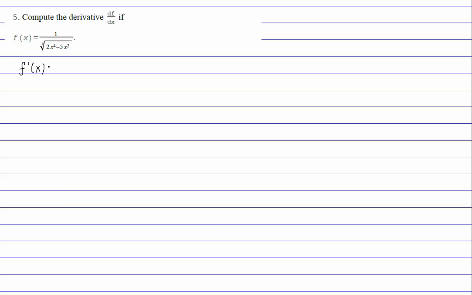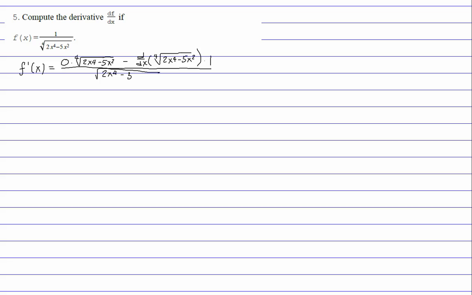So take the derivative of the top, so 0 times the bottom, so the fourth root of 2x to the fourth minus 5x squared, then minus, that term is going to be 0, and then you're going to have minus the derivative of the bottom, minus 5x squared times the top, times 1. All over the bottom squared, so this would be now the square root of, because it would be to the fourth, or the fourth root squared would be just the square root.